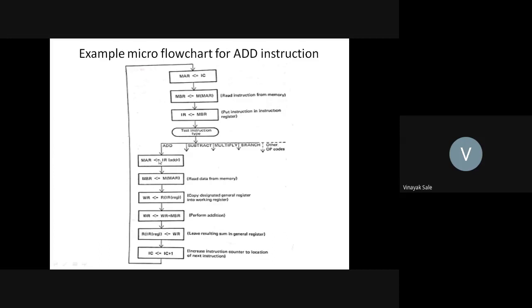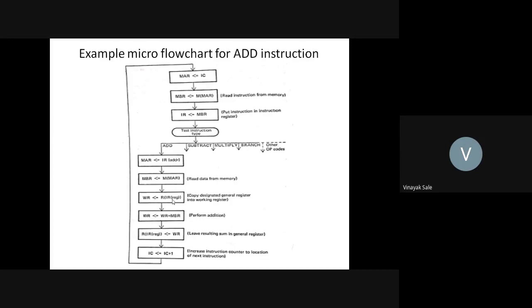Then add, that is first load the address, that is machine address register is less than or equal to instruction register, then data is read in the form of machine buffer, then the write register, that is the register of the instruction register, then the write register with machine buffer register.